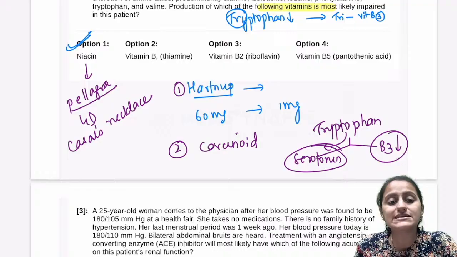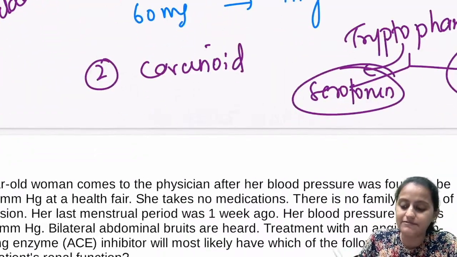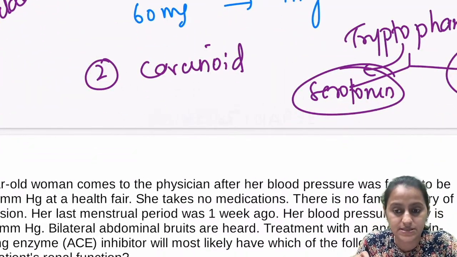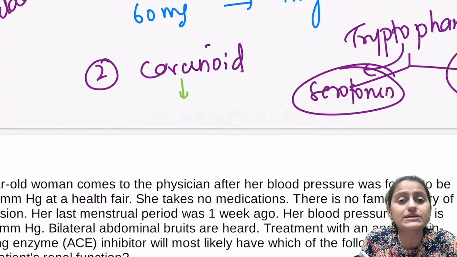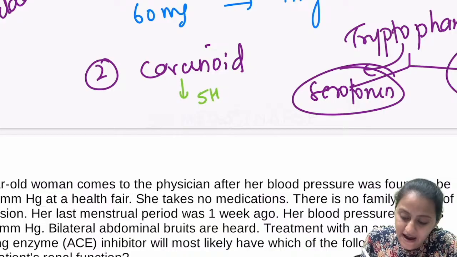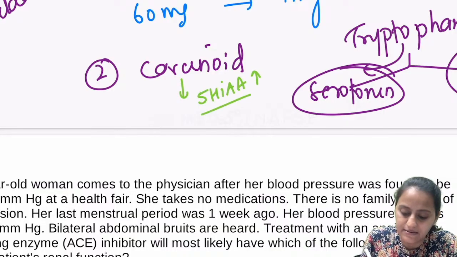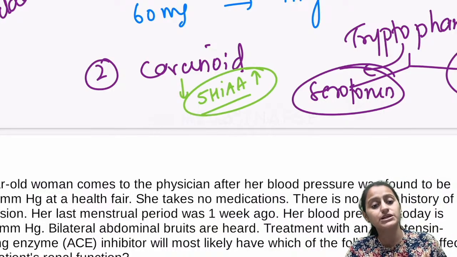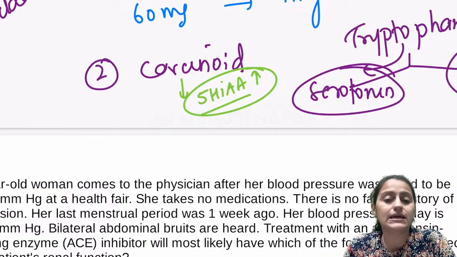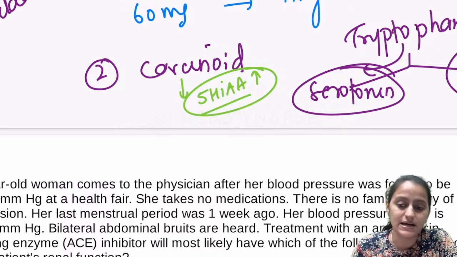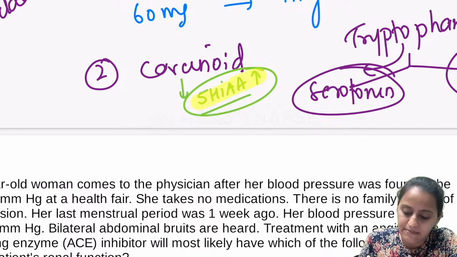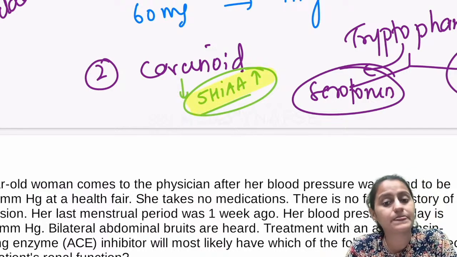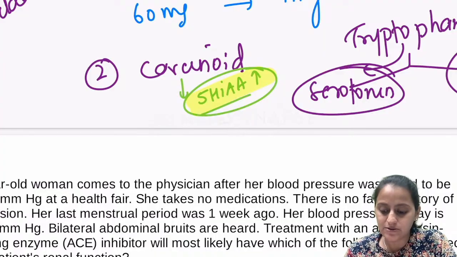So in carcinoid also, you will have pellagra-like features. Carcinoid, remember what is the tumor marker? The urinary excretion of 5-HIAA, which is derived from serotonin. 5-HIAA is what is increased in carcinoid. A very, very frequently asked question in the exam. So that was the second question.